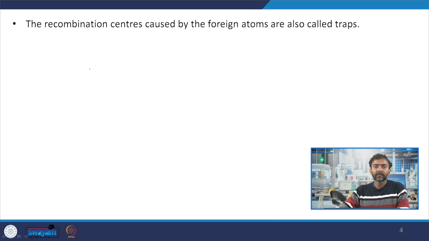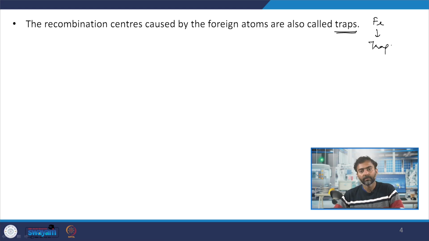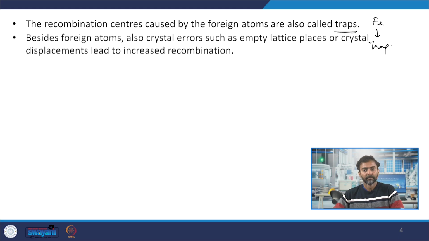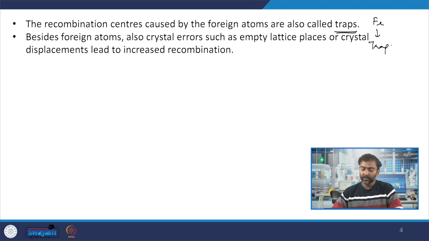The recombination centers caused by the foreign atoms are also called traps. So that is how we technically call those particular atoms. So the iron atom which we saw in the previous slide is basically a trap for the electron in the silicon crystal. Besides foreign atoms, also crystal errors such as empty lattice places or crystal displacements lead to the increased recombination.